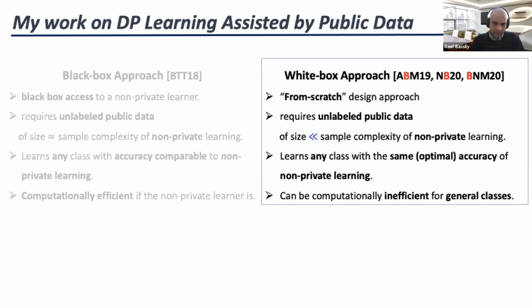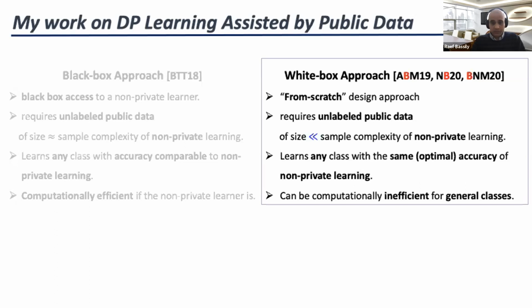However, our goal there was to nail down the fundamental limits of private learning under this relaxed model in terms of the private and public sample complexities. Our construction in this approach also requires only unlabeled public data, and actually the amount of public data needed under this approach is much less than what is needed in the first approach.